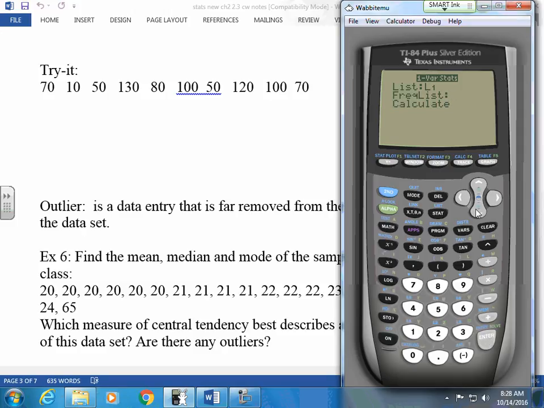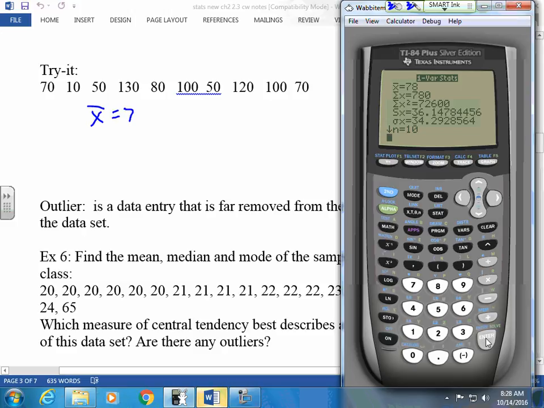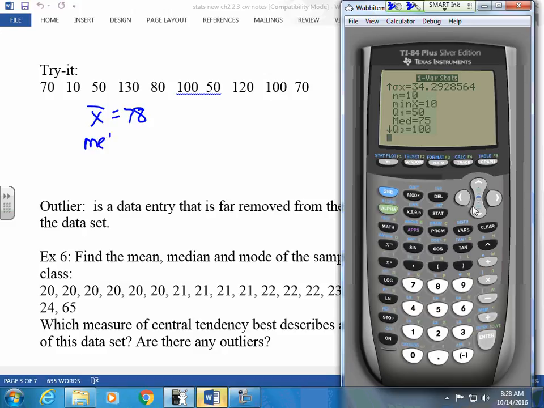I'm already on my L1. I have no frequency. Calculate. X bar came out nice. X bar came out to be 78. I scroll down till I find my median. My median came out to be 75.